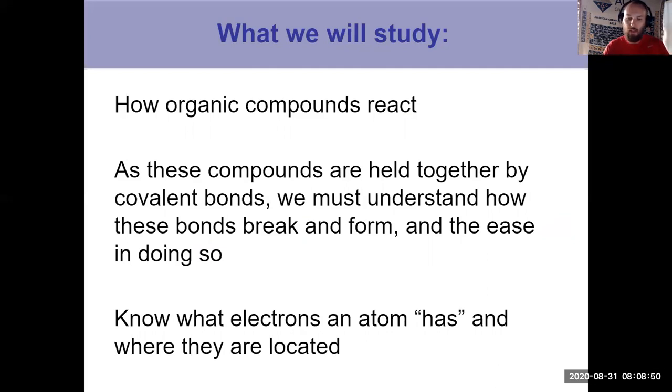You have to know the how and the why of why these reactions are occurring, okay? So we'll talk about those covalent bonds and how they break and then they form again and how easy it is to do that, thinking about reaction energies. And we're always going to be tracking electrons, how individual electrons or pairs of electrons move throughout what's known as a reaction mechanism to get that reaction from point A to point B and sometimes point C, D, E.